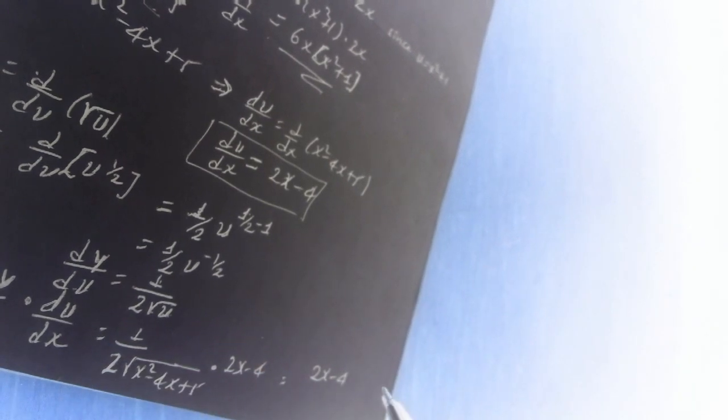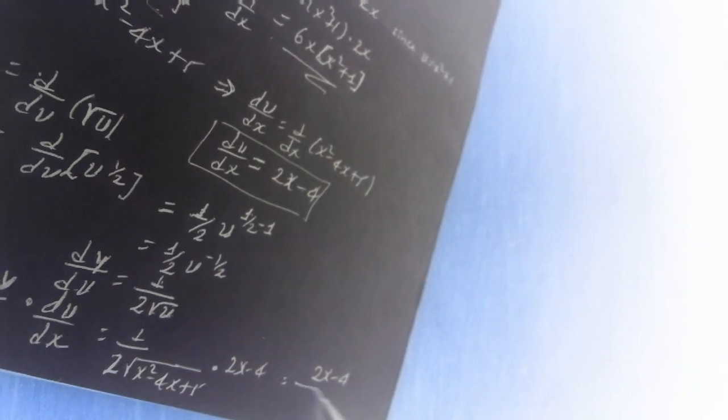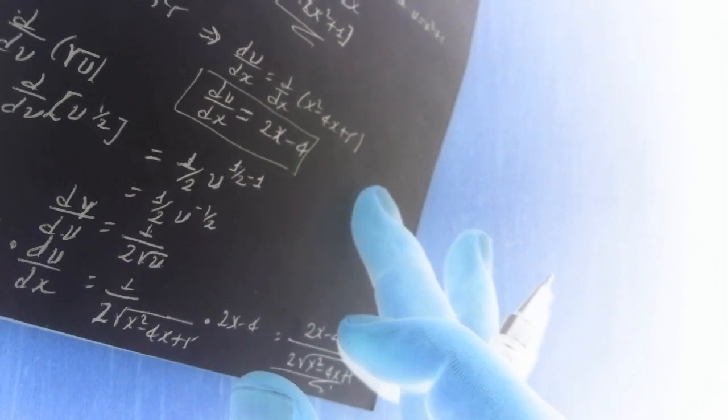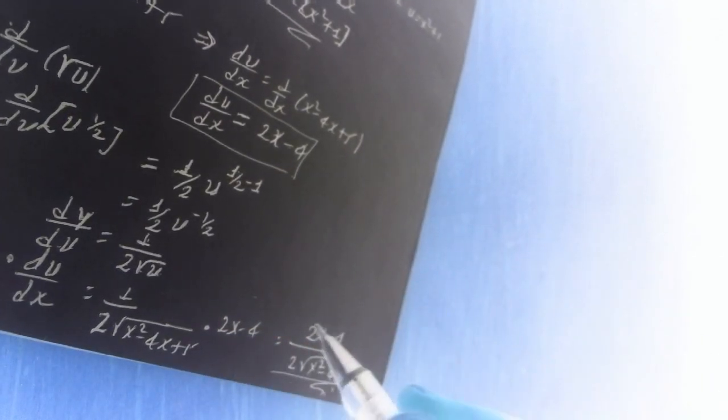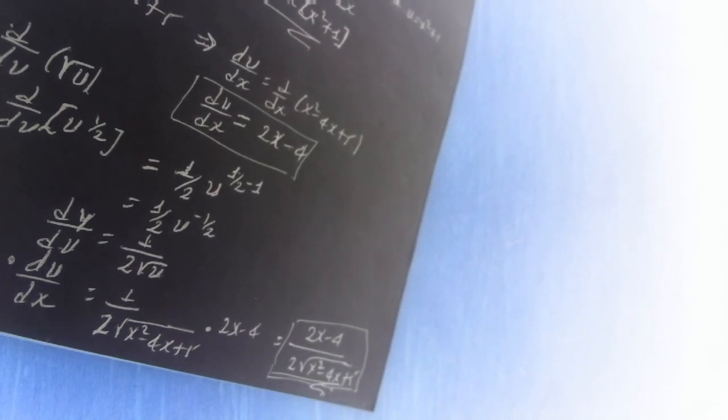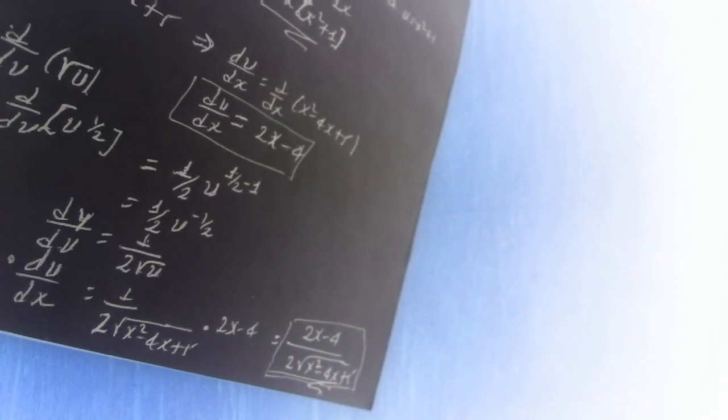This is equal to 2x minus 4 over 2 root x squared minus 4x plus 5. This is the derivative of the function y with respect to x.